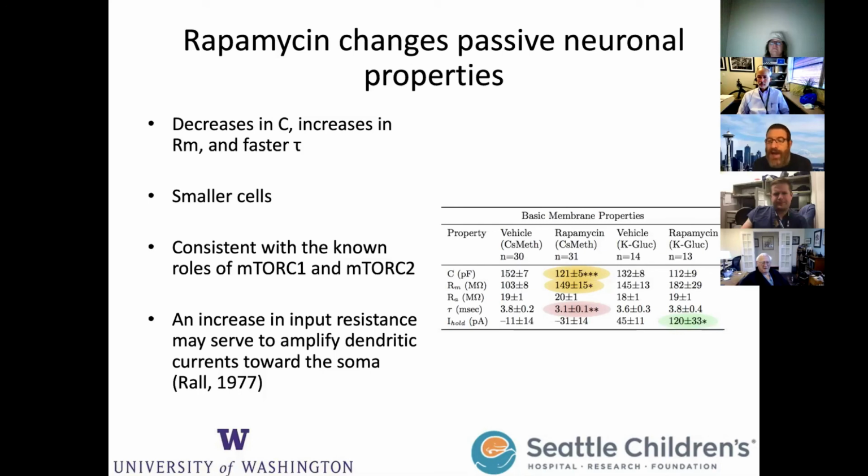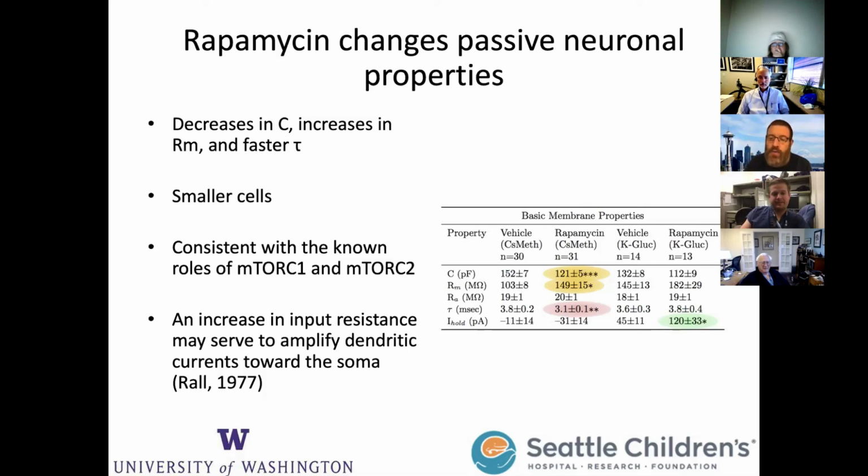It makes the capacitance smaller and it makes the input resistance higher. And what that means fundamentally is that if you have a cell that's smaller with a higher input resistance, when it gets signals at the dendritic surface that result in current changes at the dendrite, they get amplified.